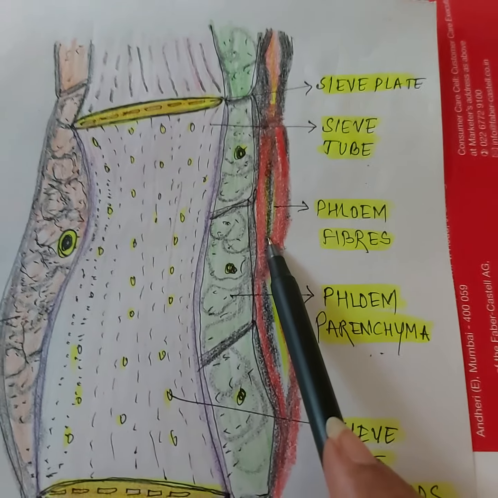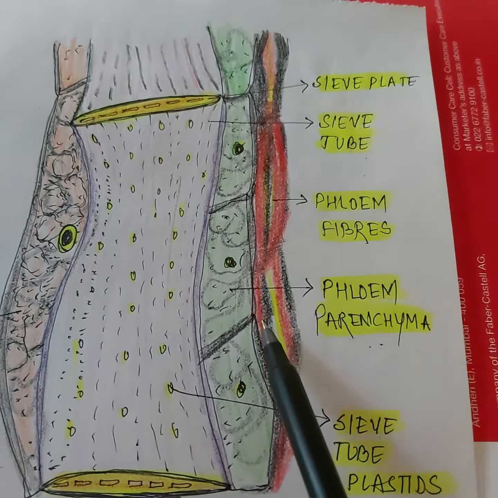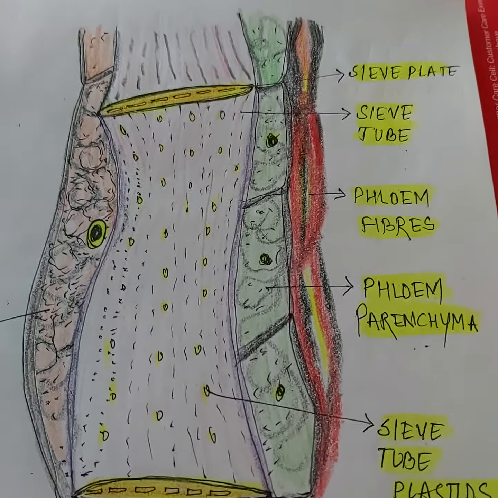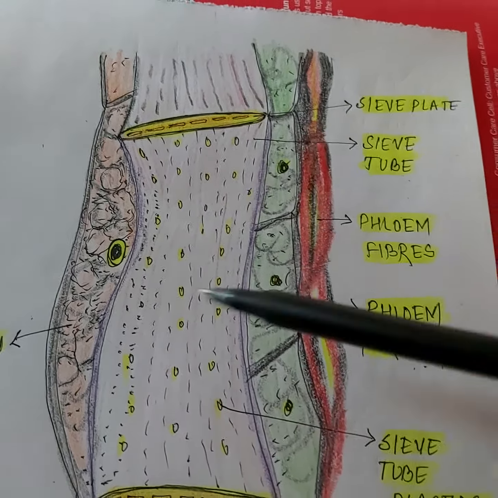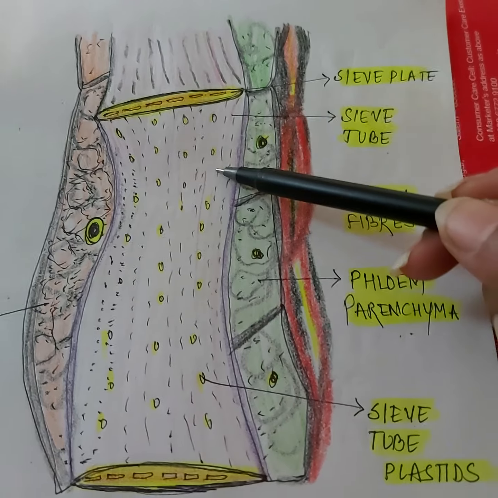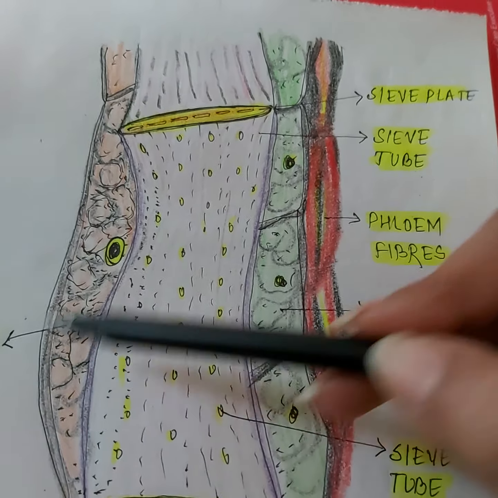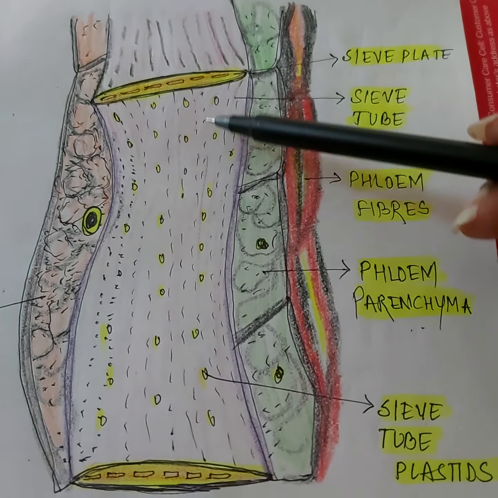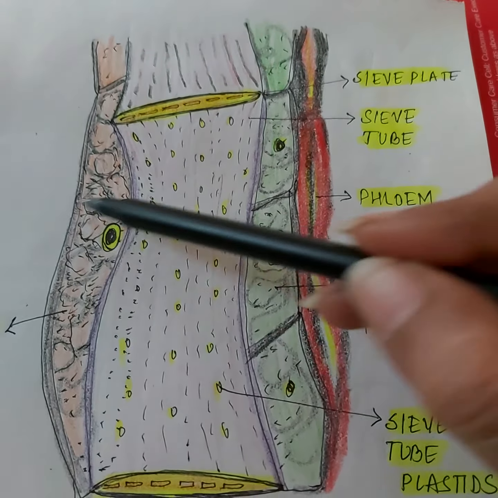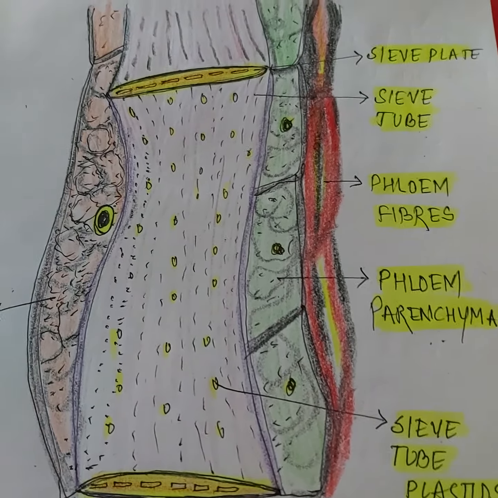Phloem fibers are dead in nature, imparting strength. Phloem parenchyma is also storing food. So you can say the main conducting element used for transport of food is the sieve tube and the companion cell. This leads to vertical conduction and this leads to lateral conduction of food.